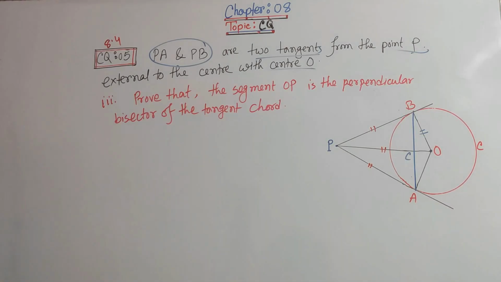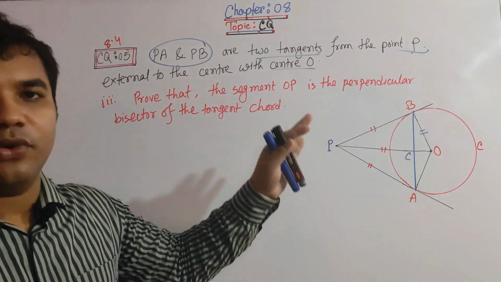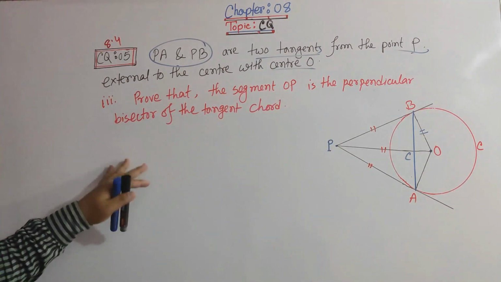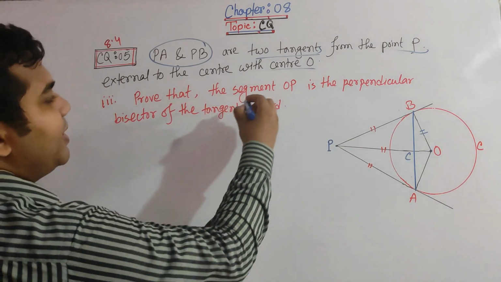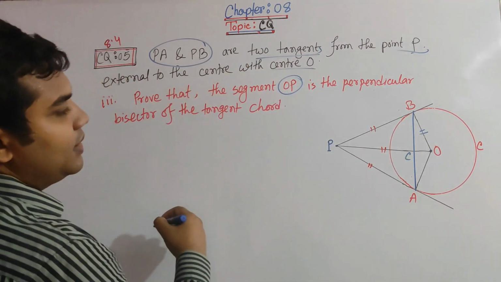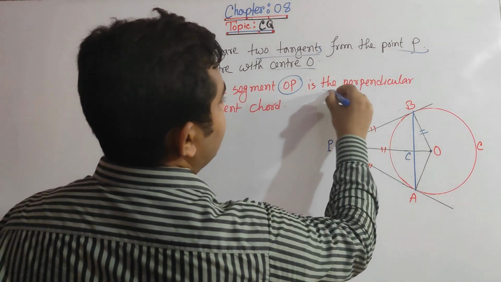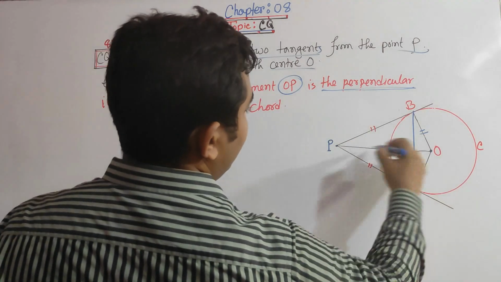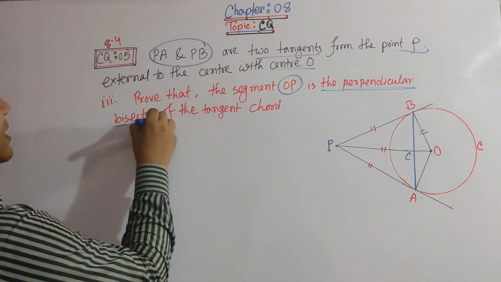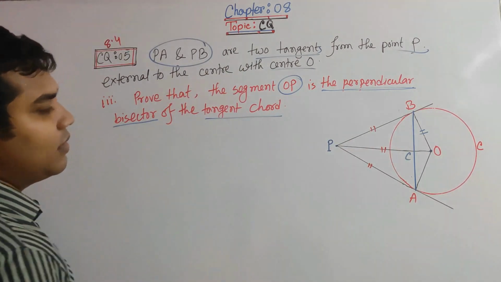Okay, dear students, this is the last theorem for today's class. In this last theorem, what is it talking about? It is talking about the segment OP. The segment OP is the perpendicular bisector of the tangent chord.